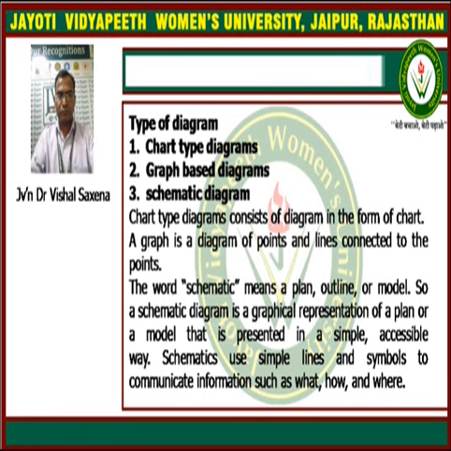We can take some examples of graph based diagrams like the bar diagram, the histogram and the pie diagram, or pie chart. These are different examples of graph based diagrams.